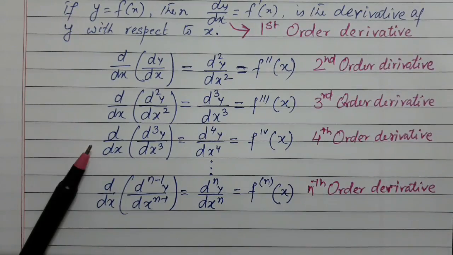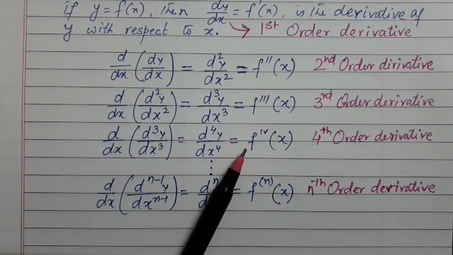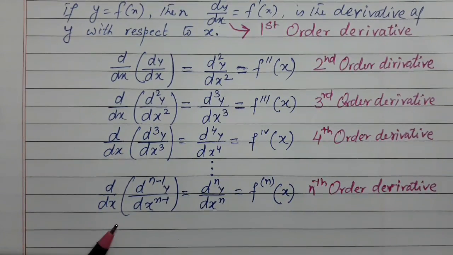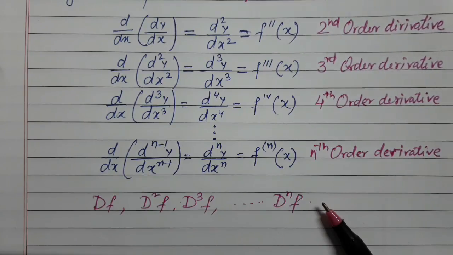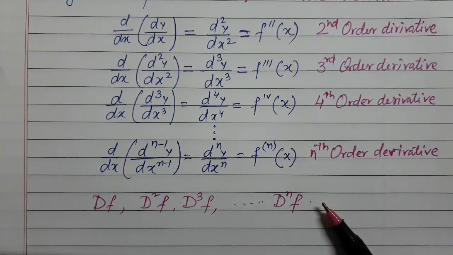Similarly, this is known as the fourth order derivative, where we denote the function as f⁗(x), and this is called the nth order derivative of y with respect to x, and the function is denoted by fⁿ(x). We can also denote the derivatives in this way.